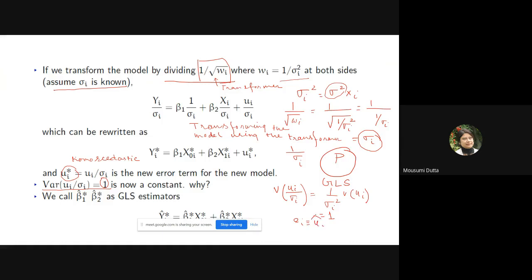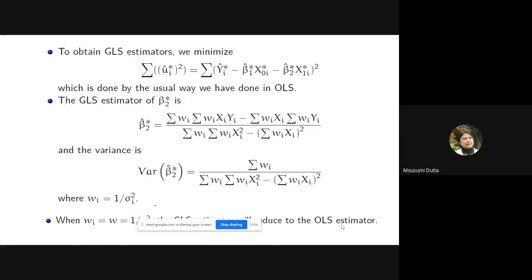So in this case, if I mark the residual as EI star, it is basically this one. So I'm considering that as residual.